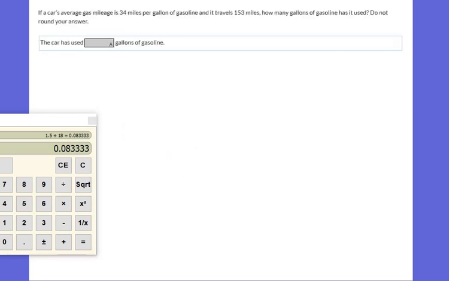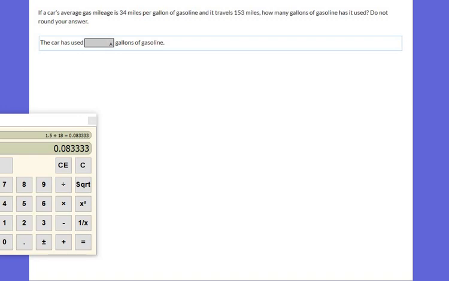Okay, it says if a car's average gas mileage is 34 miles per gallon of gas and it travels 153 miles, how many gallons of gasoline has it used? Do not round your answer. Alright, so it traveled a total of 153 miles. I need to see how many gallons it used.